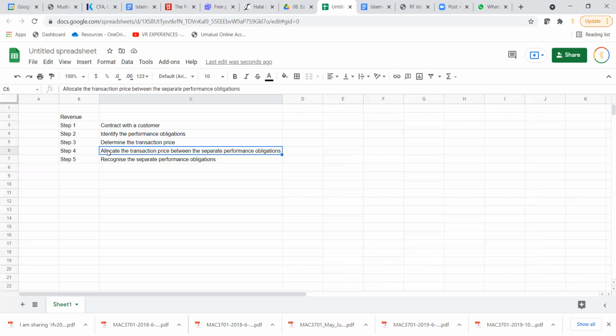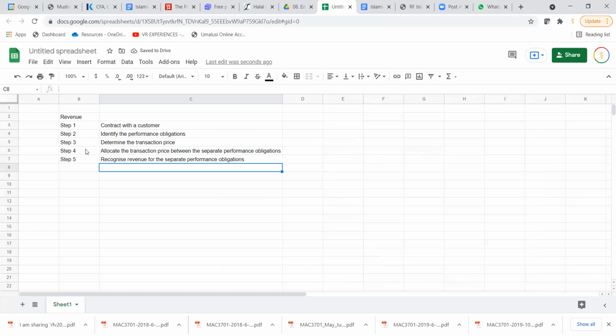What's important to note, you can only do step number 4 after you did step number 2 and step number 3. If you don't have either step 2 or step 3, you can't do step 4. And then lastly, you must recognize revenue for the separate performance obligations. So that's the 5 steps.